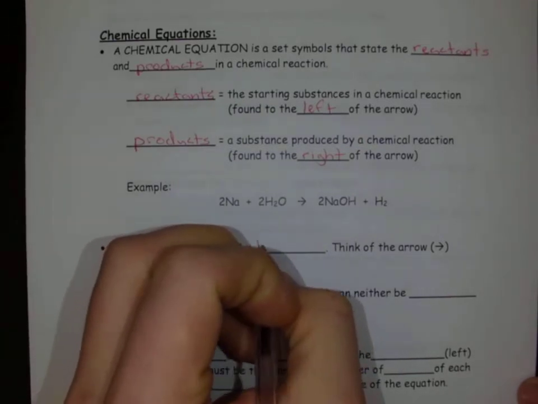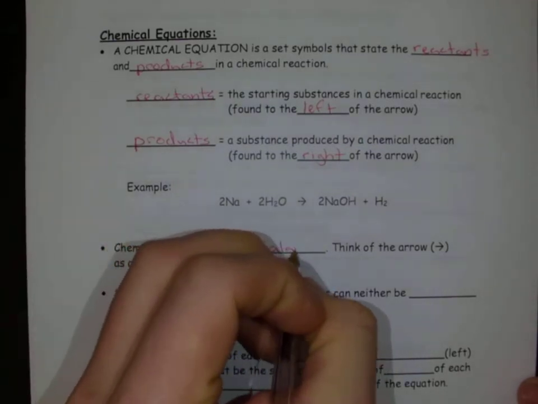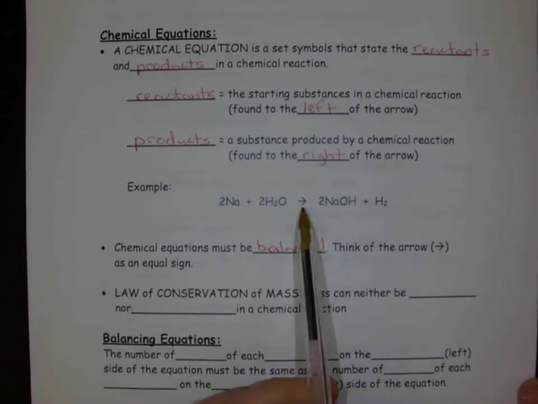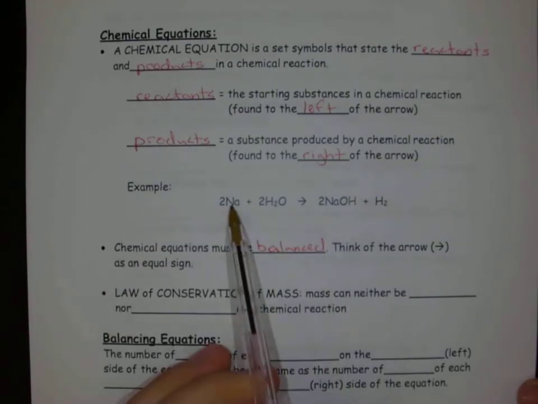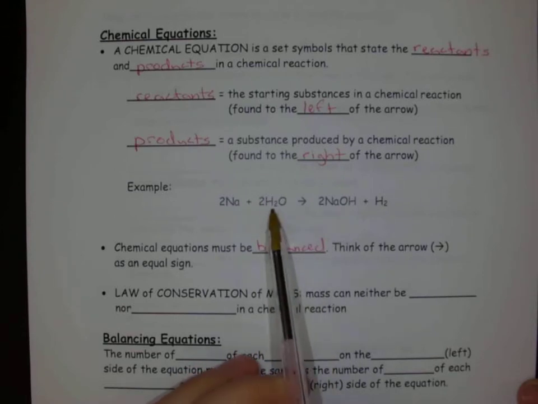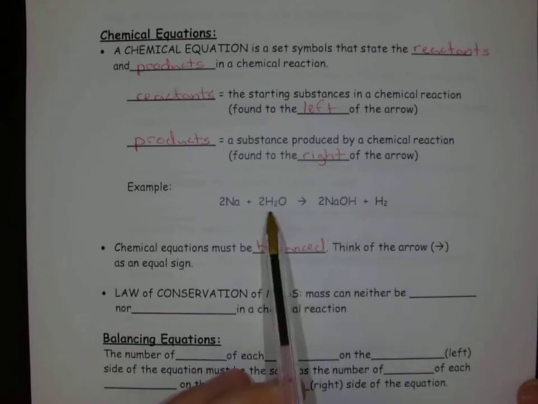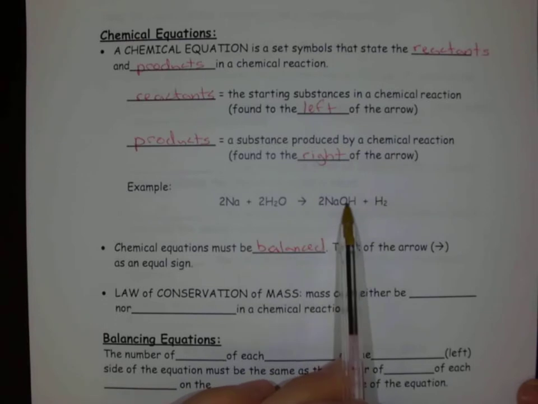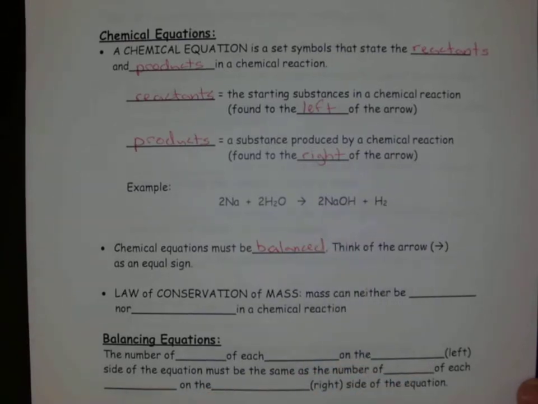Chemical equations must be balanced. We can think of our arrow kind of as an equal sign. Our two Nas, our two H2s, and our two oxygens are balanced out on the right side by two Nas, two oxygens, and 2 times hydrogen, that's 2, plus 2 more, that's 4 hydrogens. That matches, okay?